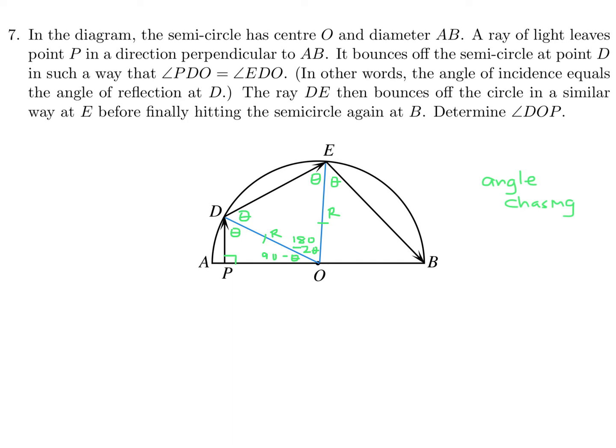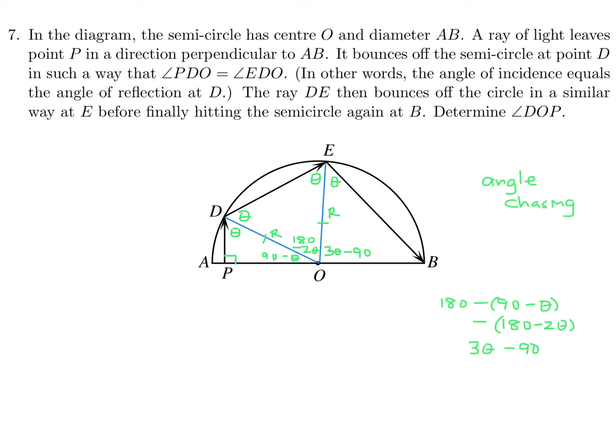So I'll do it on the side here. 180 minus 90 minus theta, minus 180 minus 2 theta. So that looks to me like 3 theta minus 90. So this angle right here, 3 theta minus 90.